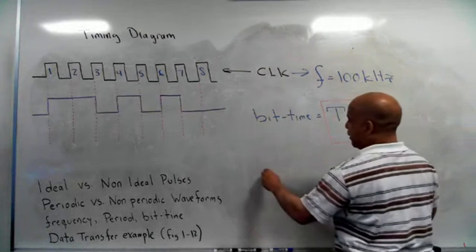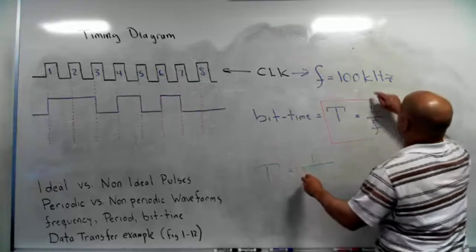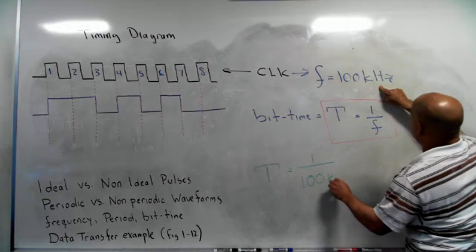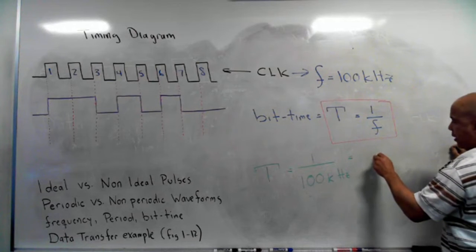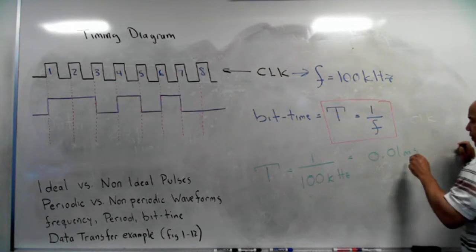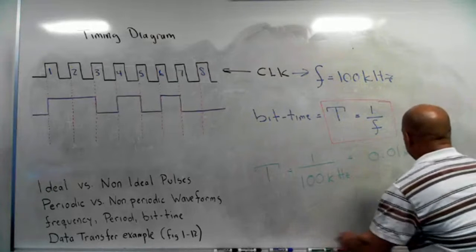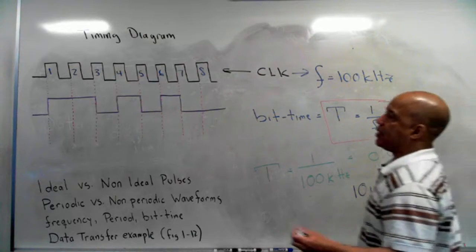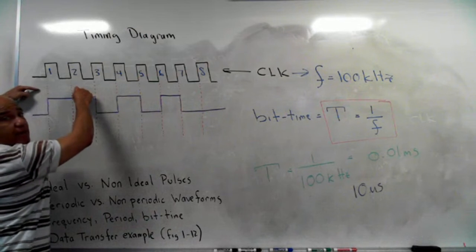So my period is 1 over the frequency. The frequency is 100 kilohertz, that's 10 to the 3rd hertz. I'll do my math there. I'll get 0.01, and that's kilo, so this would be milliseconds. So the period of the clock is 0.01 milliseconds. Let's change that to microseconds. That would be 10 microseconds. So the time from this point to that point, that bit time, defines the time for 1 bit.